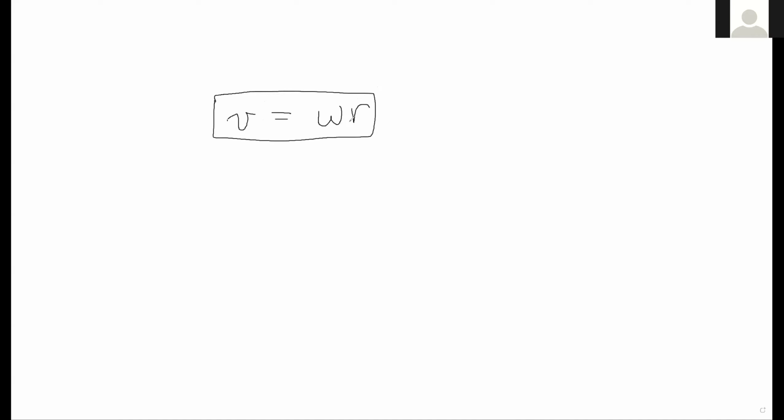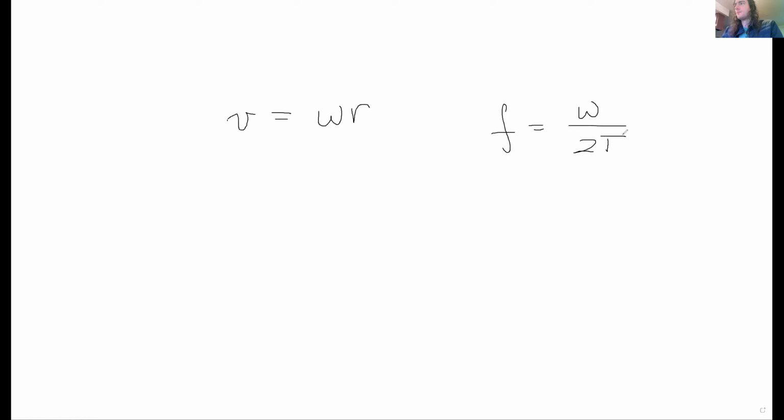In a little bit, maybe you could jump ahead if you want, we're going to say that the frequency is equal to omega over 2 pi. And this frequency has a special name. It's called the cyclotron frequency. But we're going to do this in class here, so don't worry about this. Any other questions?